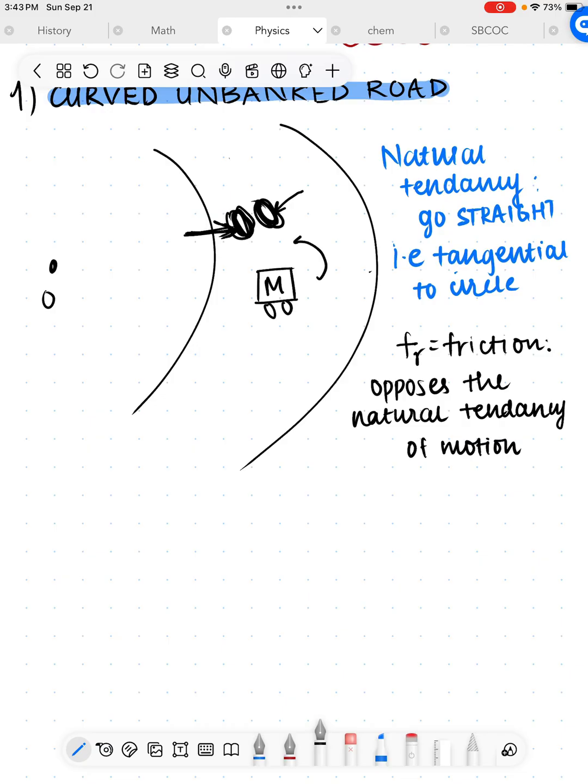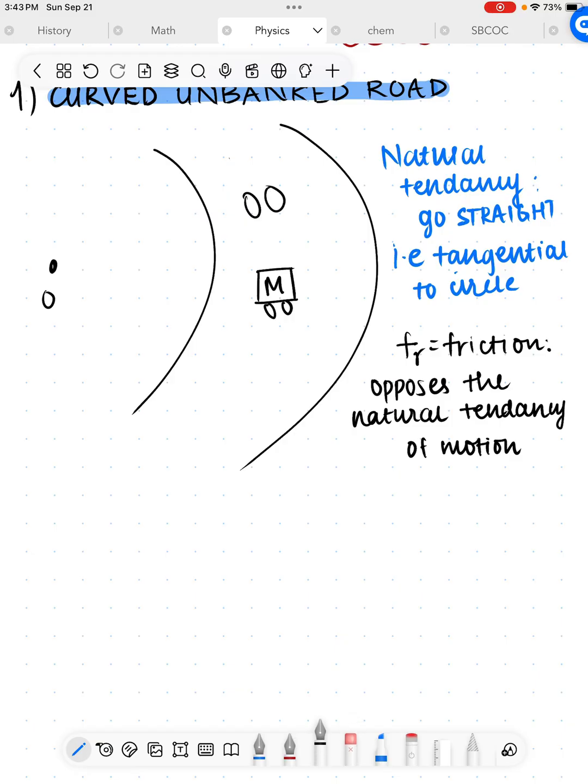This we are doing manually, the turning of the wheels. ठीक है, inertia of straight line की वजह से it's being pushed here. तो if there is no force acting on it in the opposite direction, the car would go straight, tangentially, but the car is not going tangentially. That means we have to assume the presence of a force that's pulling it inward, and that force is nothing but the friction that is being generated.